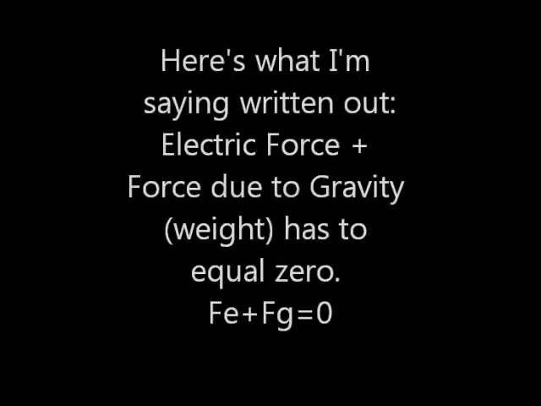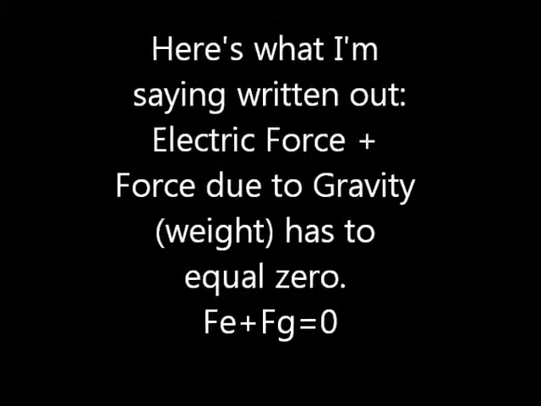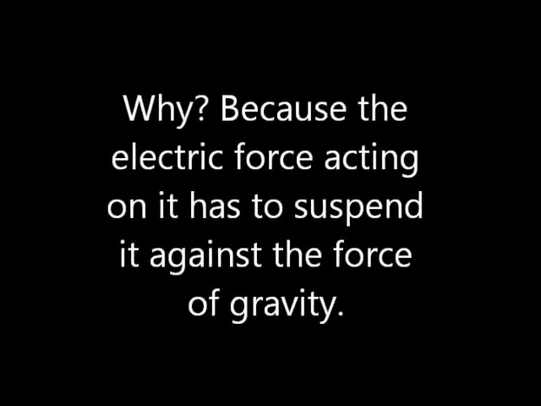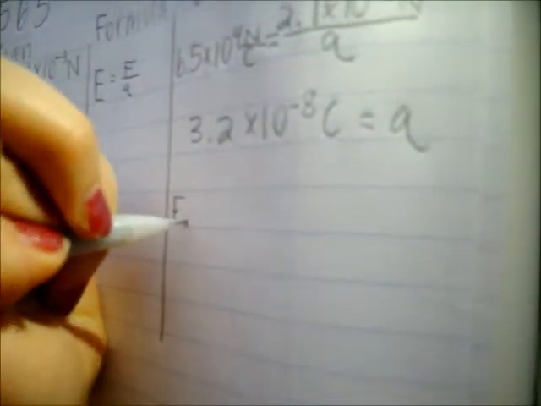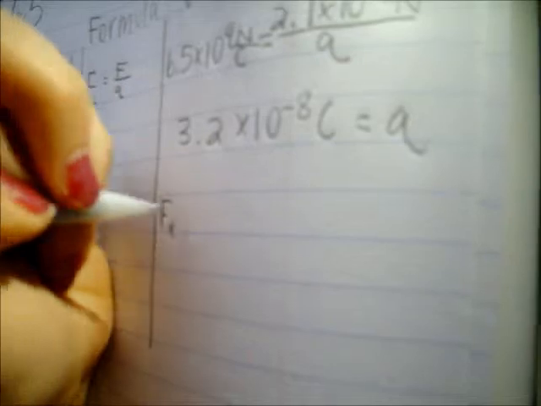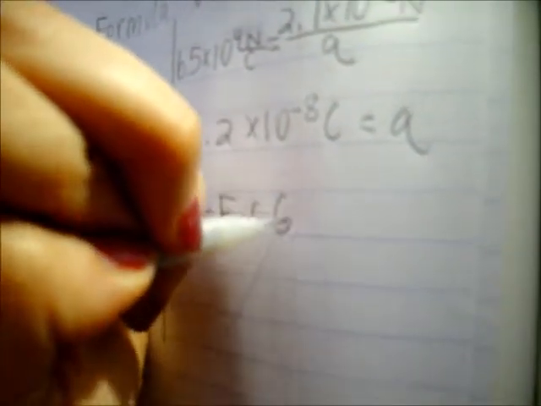And for the sign, the force of gravity plus the electric force has to be equal to 0. So if you do the electric force and you move the force of gravity to the other side, it will be negative.